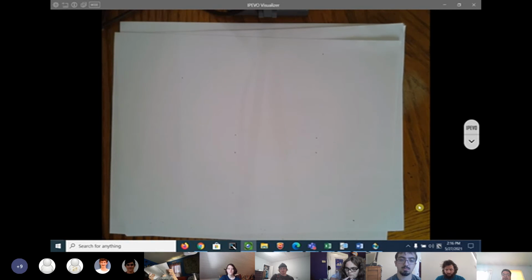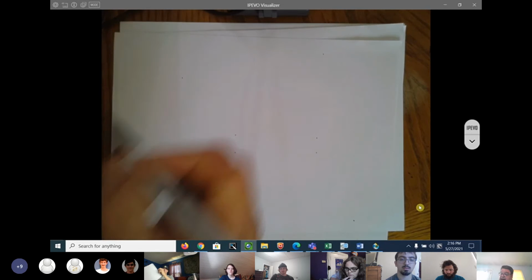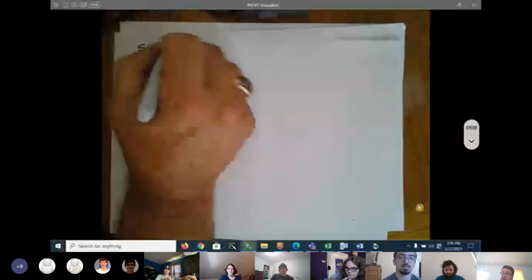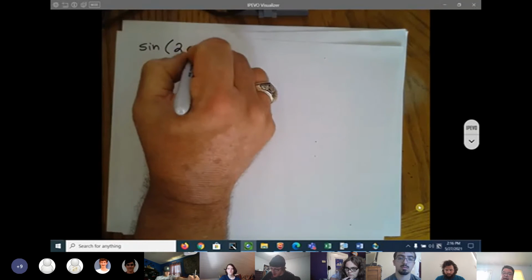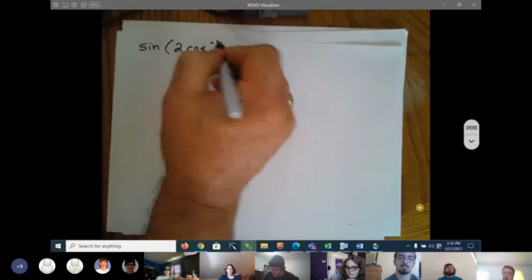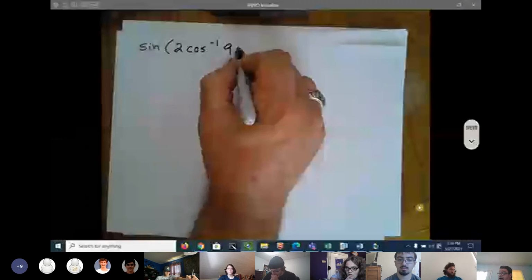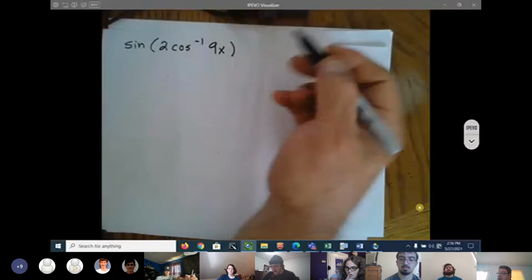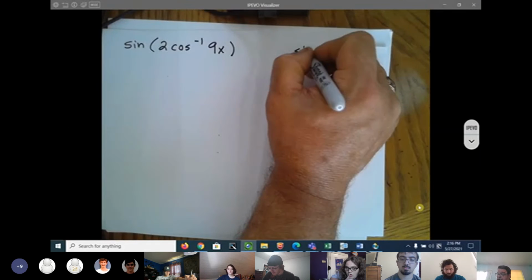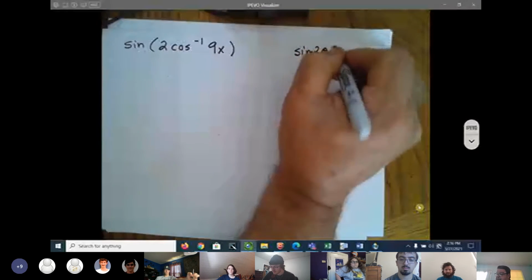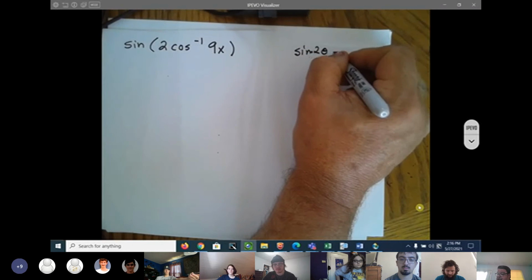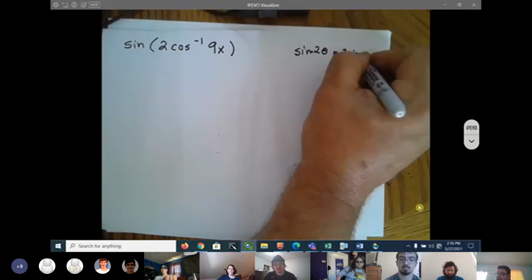And this is where you have to take the sine of 2 cosine inverse, arc cosine of 9x, and you need to use the double angle identity along with a couple of other identities. And if you've got a cheat sheet for your identities, that's helpful.